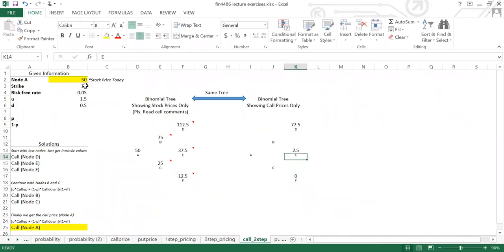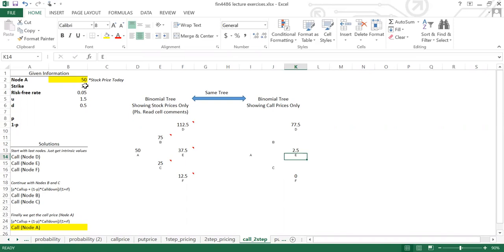Now, we can get those last nodes of the tree using this intrinsic value formula, because the intrinsic value is exactly the price of a call option on the day of expiration, right?